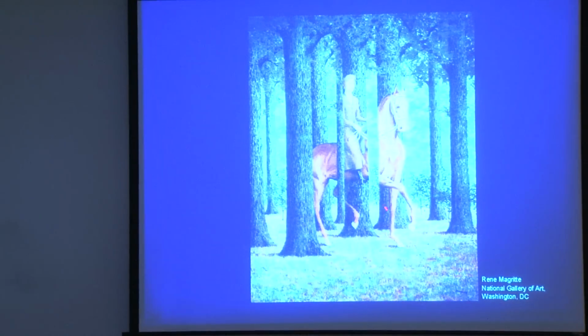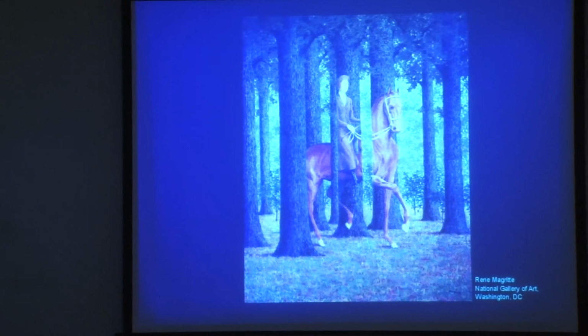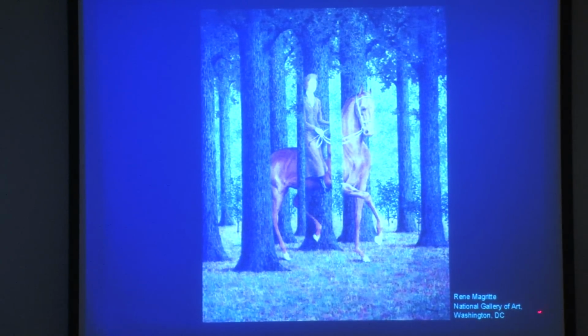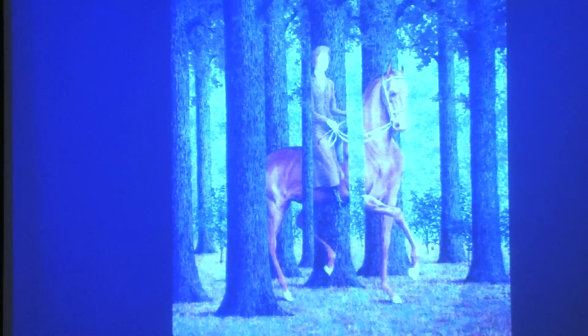Now, there is no way you could glean that until I tell you, right? So let me tell you what this person is looking at. What this person is looking at is a picture created by René Magritte, which actually resides at the National Gallery of Art in Washington, D.C.